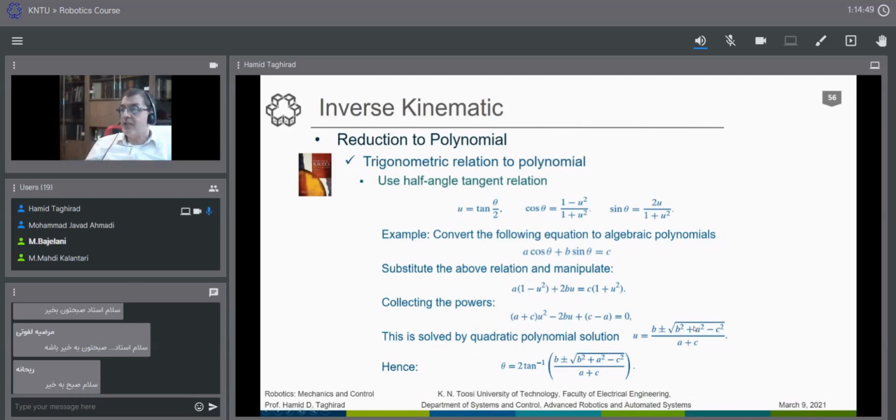So by this quadratic polynomial solution, you can find the theta. When you have u, you can use arctangent; of course, theta over 2 is the arctangent of u. You can find the theta variable here. We prefer, as much as we can, to use arctan2 instead of arctangent.